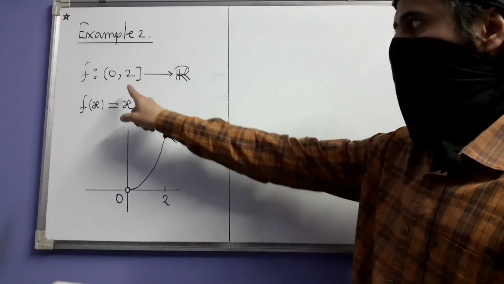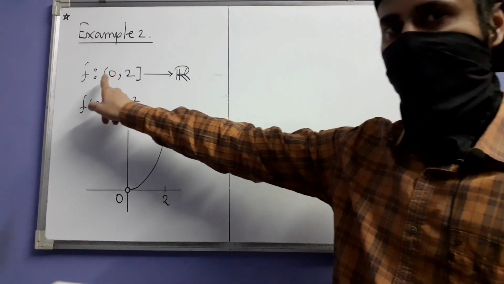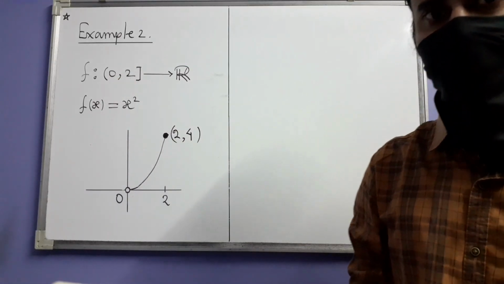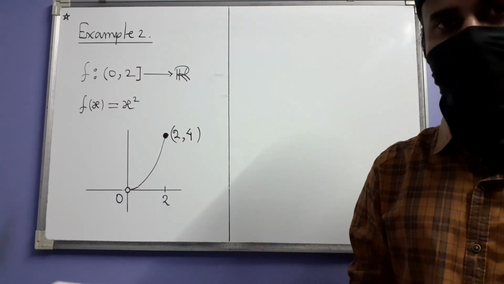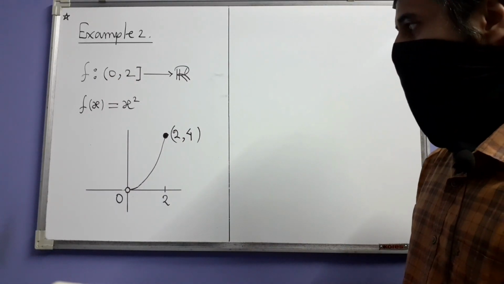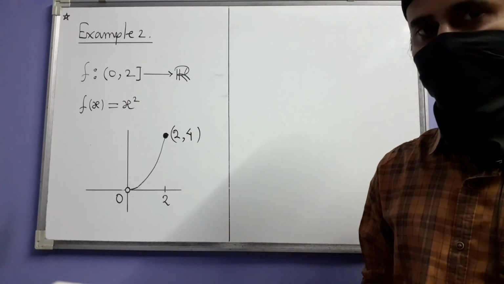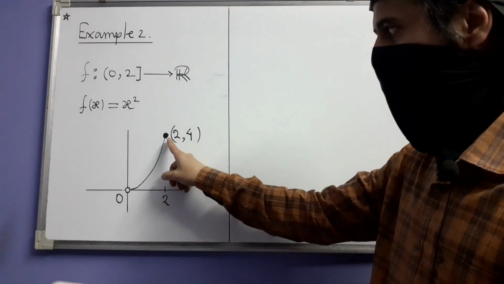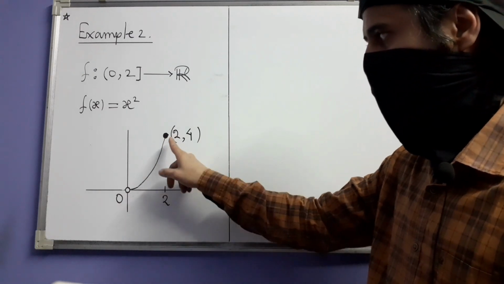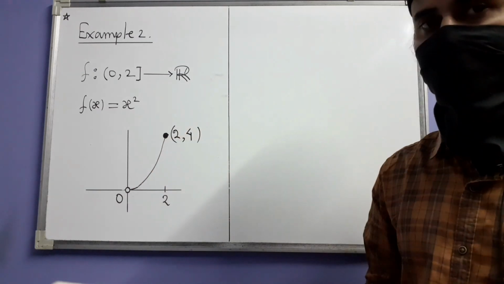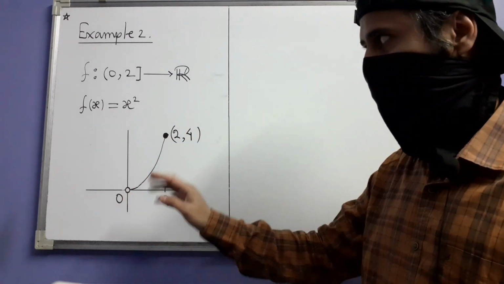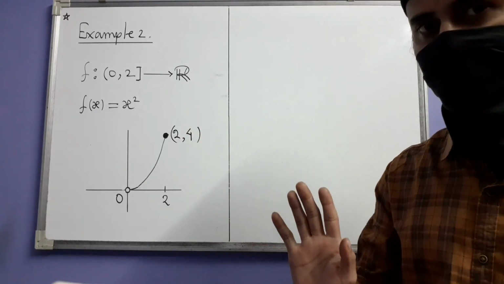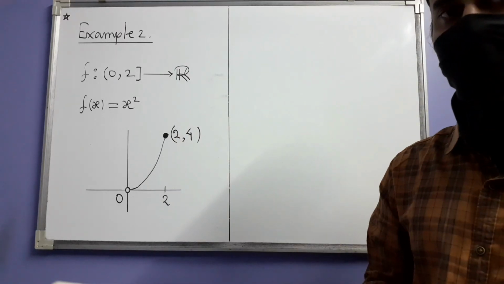Now if we change the domain to this half open interval, open 0, closed 2, then the situation changes. Now the graph is this, which is the part of that parabola. Which part? The part that lies between these two points, (0, 0) and (2, 4), where (0, 0) is no longer a part of the graph, but (2, 4) is.